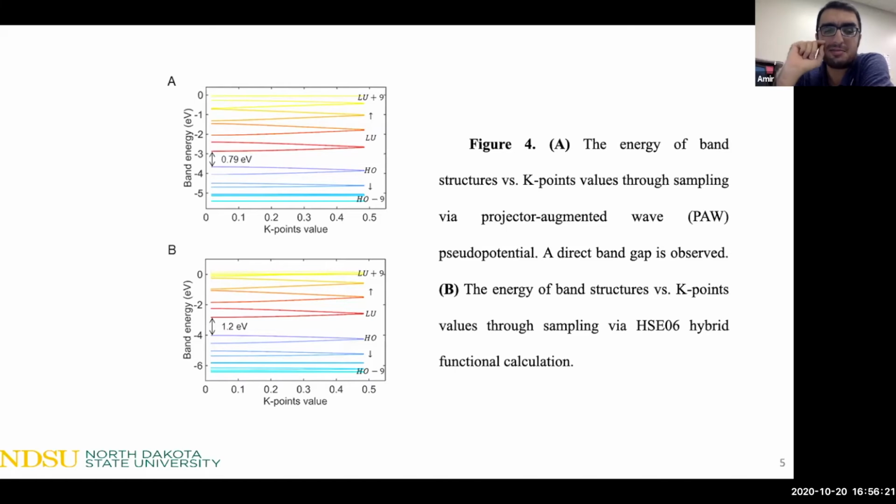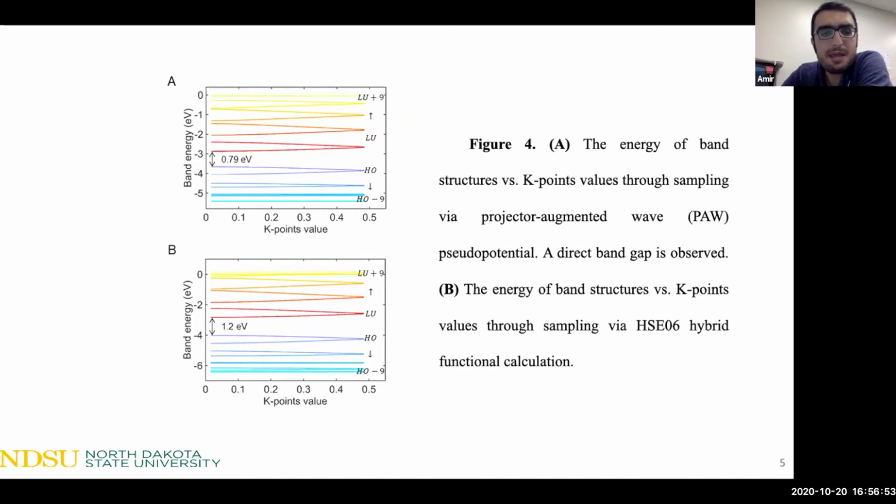I was not familiar with the process, so I did it manually: I wrote a bash script and ran 16 different jobs, one for each k-point. The band energy results are then plotted versus the k-point value, and later the absorption spectrum is reported as an average value over the k-points.